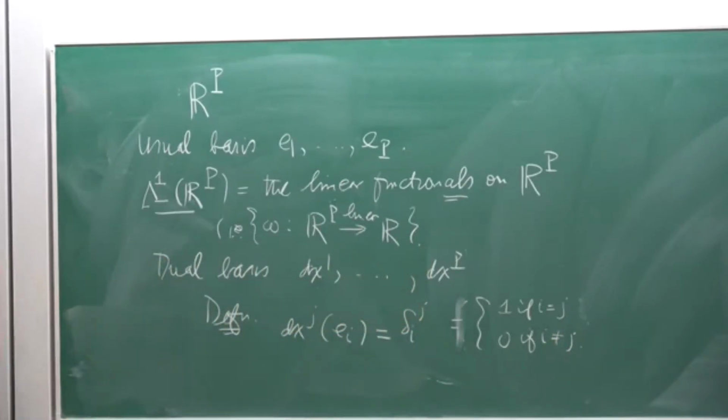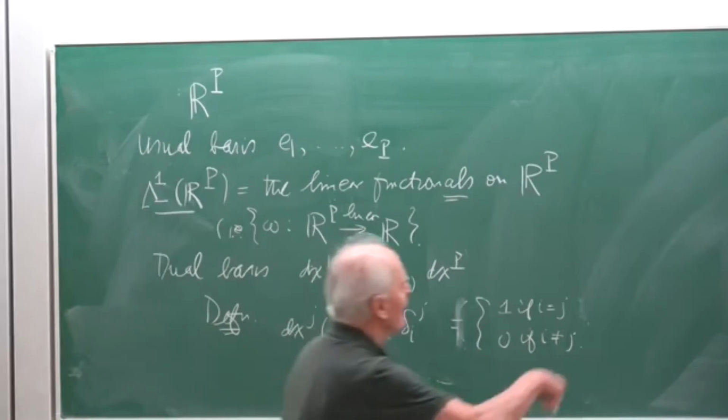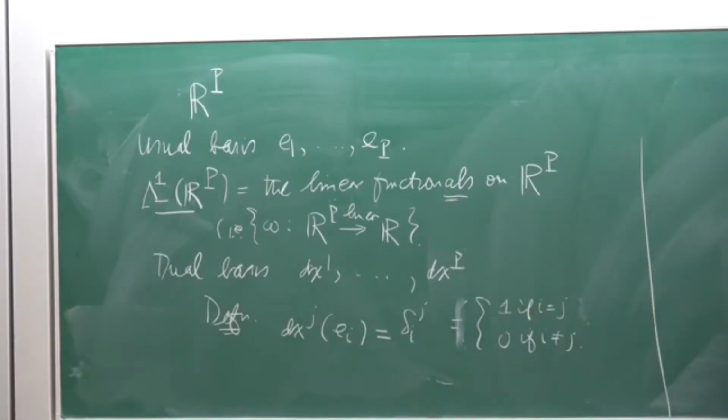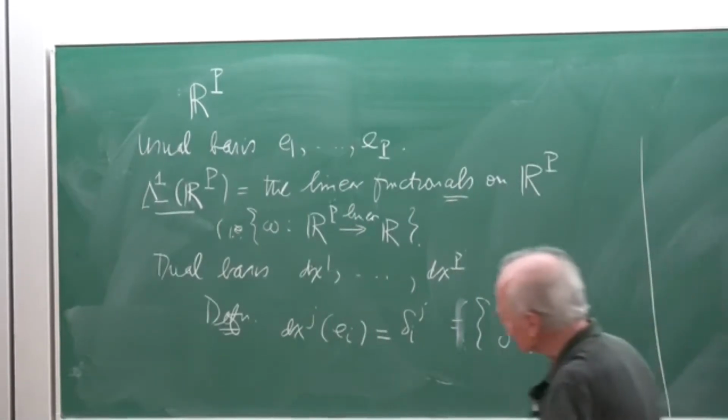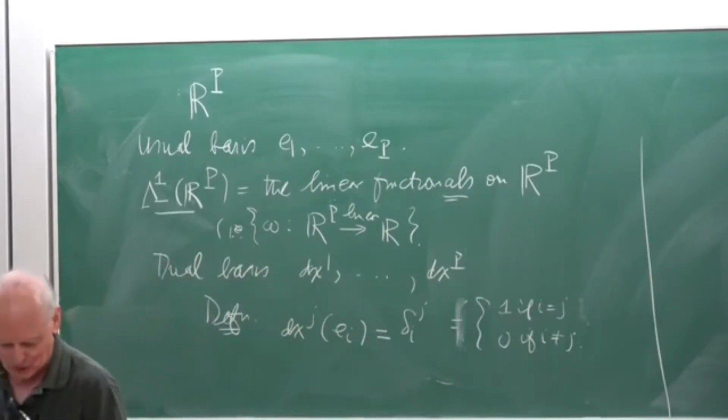So it's a classical notation, we're not going to change it now. That notation grew up historically. It's a sort of funny notation, but once you get used to it, you don't notice it. And so that's the space of functionals.